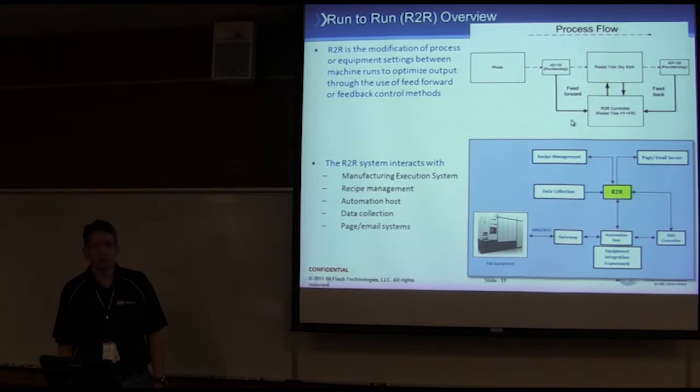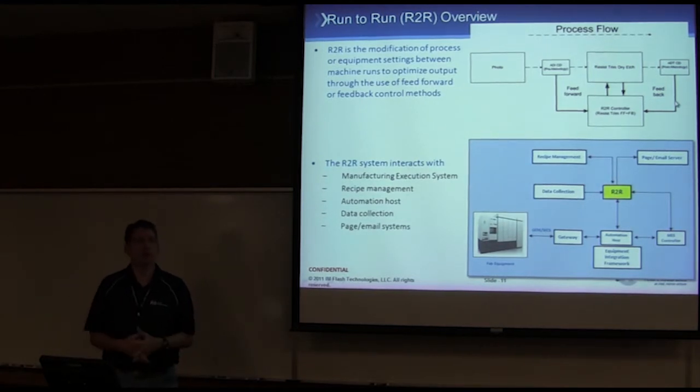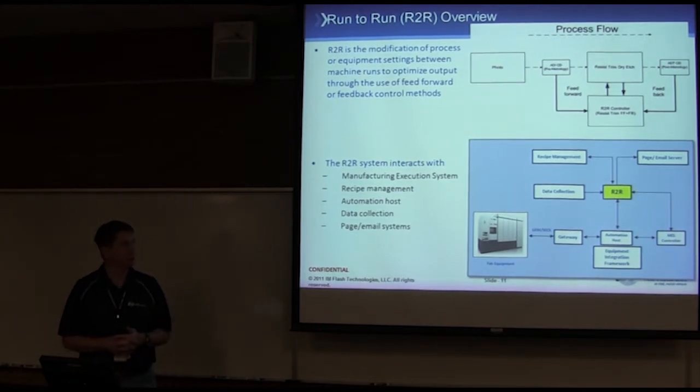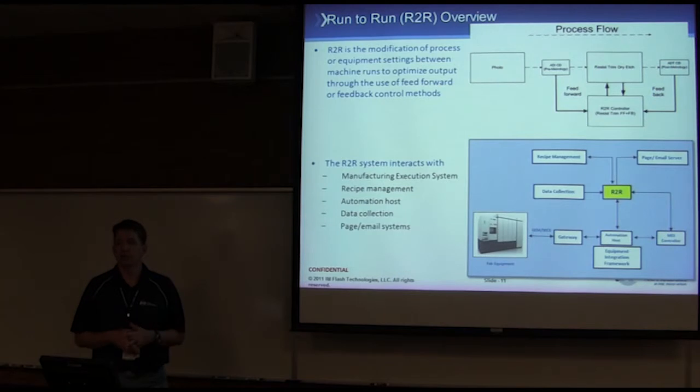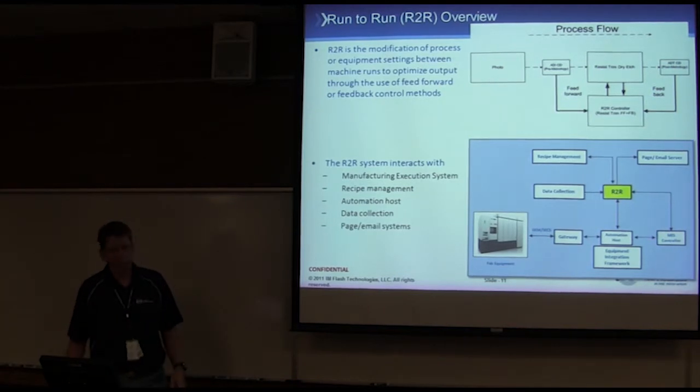We can feed that forward to the controller and make a decision on the tool, make a time change or temperature change, whatever variable you're working with. And then you have post metrology, which you look and you see, this is what I anticipated my process to be, but this is what I actually got, which is either close to or varying from what you expected. So then you make an additional process change to improve your process.